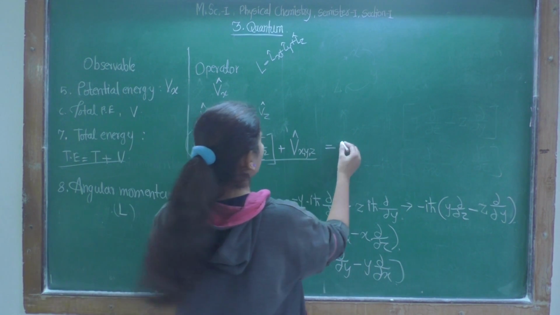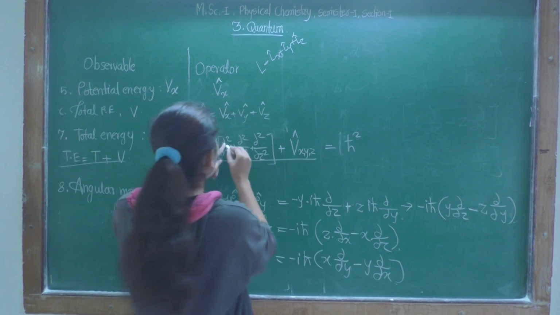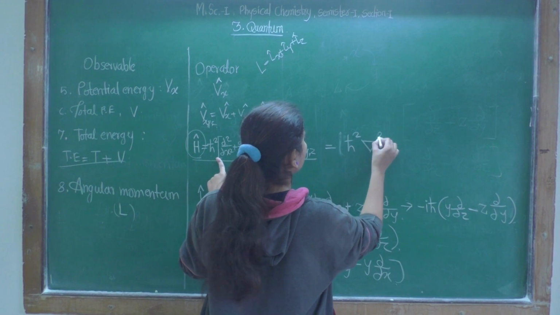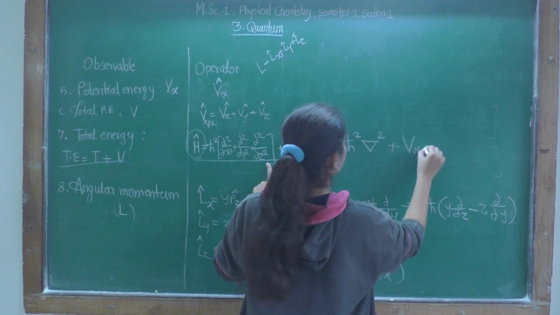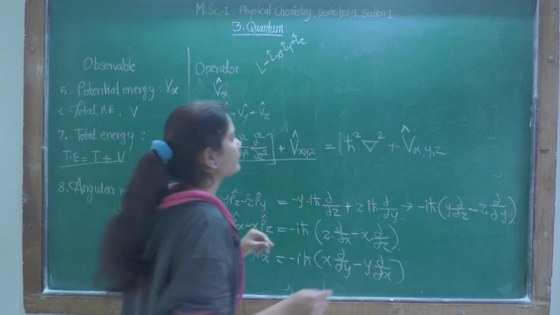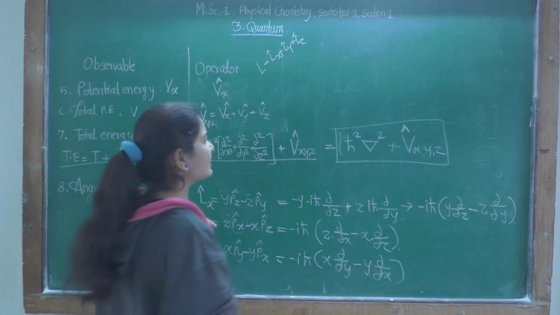It can also be written as h cross square, and this whole term can be written as del square plus V of x, y, z. We can write the Hamiltonian in this form.